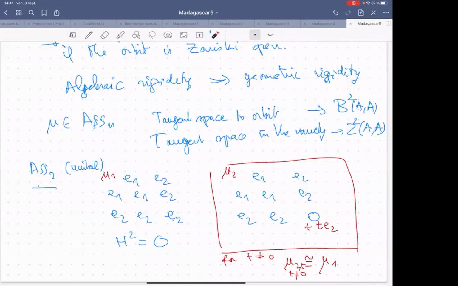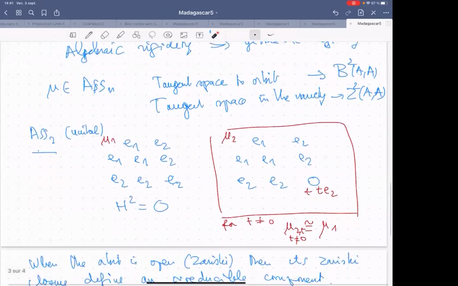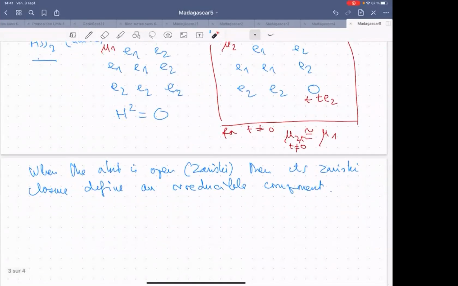And this one, if T is different from 0, then it is isomorphic to this mu1. And one observation I made is that these open orbits help to construct irreducible components of your algebraic variety. In fact, you have to consider the Zariski closure of an open orbit, and you get irreducible components.